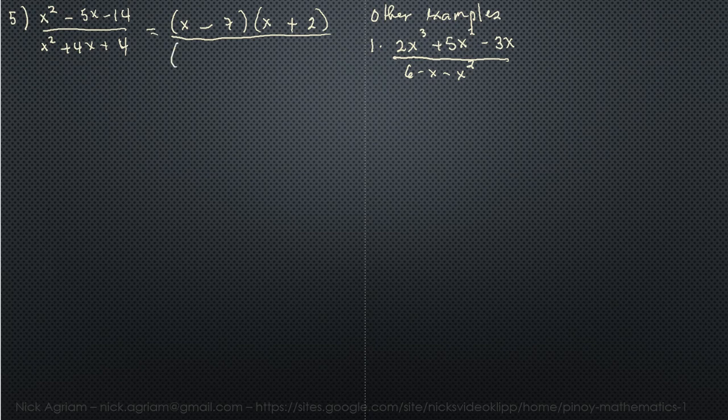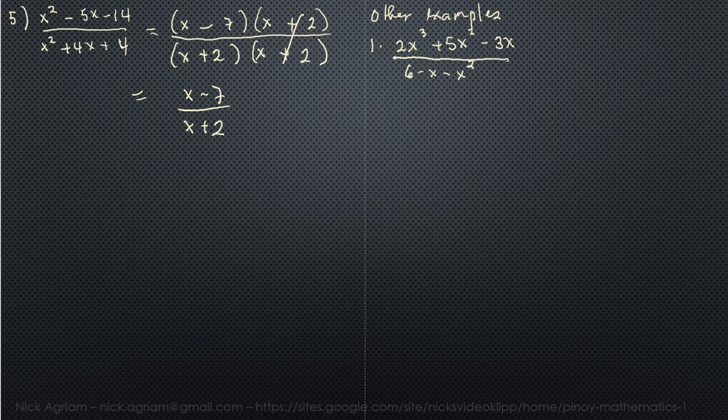That's okay. And the other one, we have x and x, and then all positive. That was easy also. Perfect square. x minus 7 divided by x plus 2.